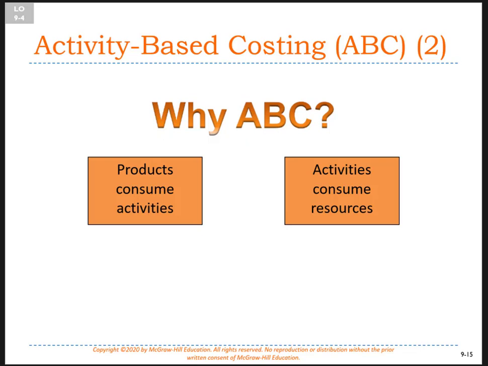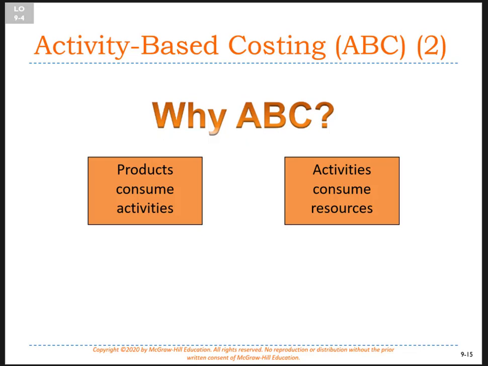See, the underlying point of this is if we don't know what the costs are for activities, we can't manage them. So our first step in being able to actually reduce costs and find better, more efficient ways to do our product is to understand the activities and the cost of those activities.